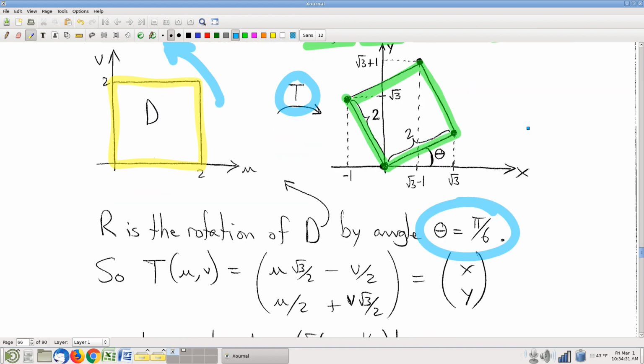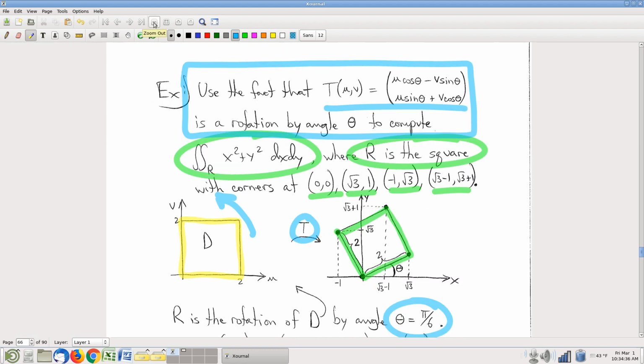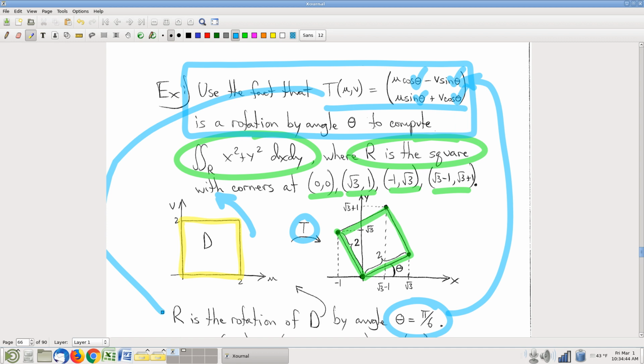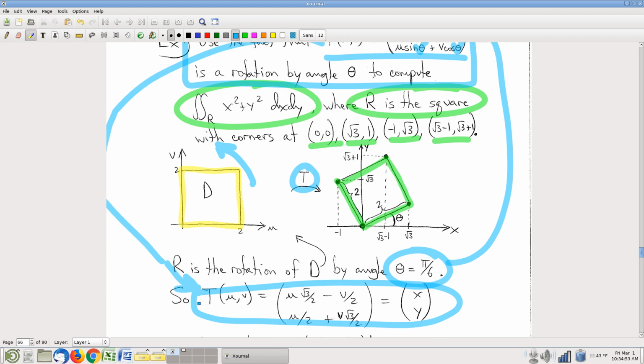Okay. That said, now we know the angle is pi over 6. Plug in that pi over 6 for this angle, and our function becomes that. And there's our change of variables function, an explicit formula.